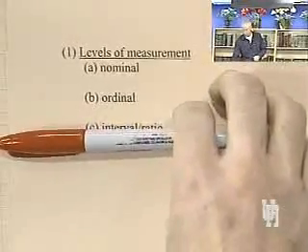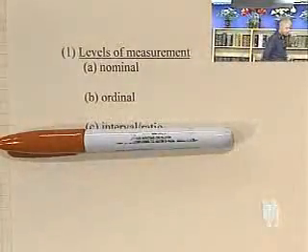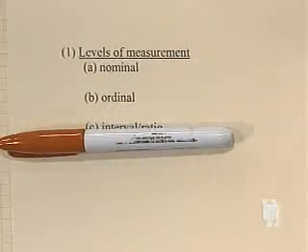Data that are defined ordinally are rank ordered. When Ford makes the claim, for example, that they are the number one seller of trucks, they are defining themselves or their sales ordinally.